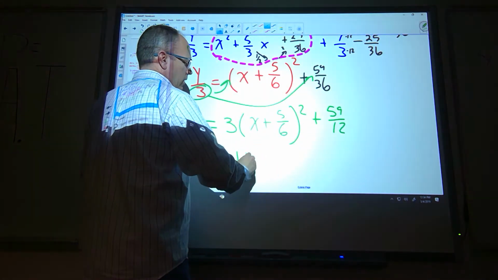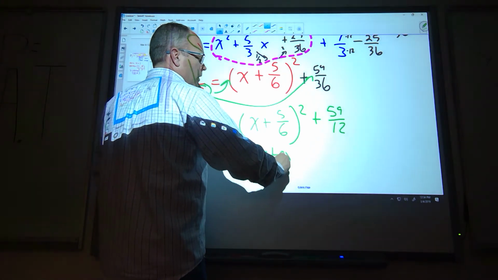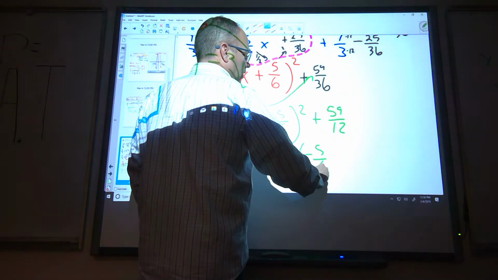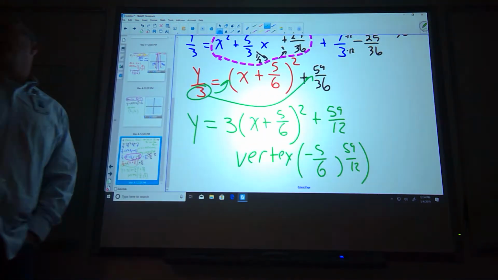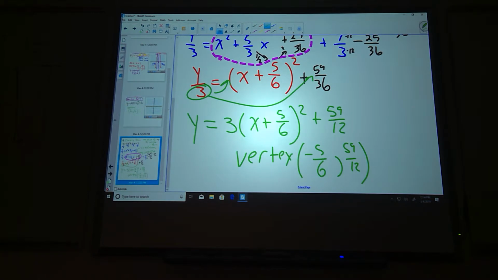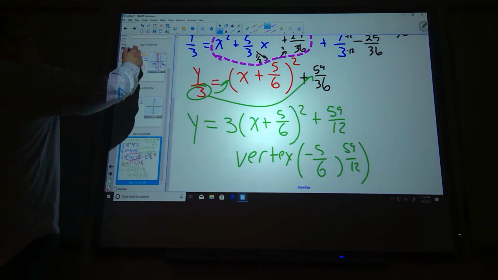So my vertex of this parabola is negative 5 over 6, 59 twelfths. I would never ask you to graph that. Okay? So there is a whole bunch of arithmetic that took place to get here. This is where we're heading. I won't give you nasty, ugly things like this yet. Okay, you have some time.